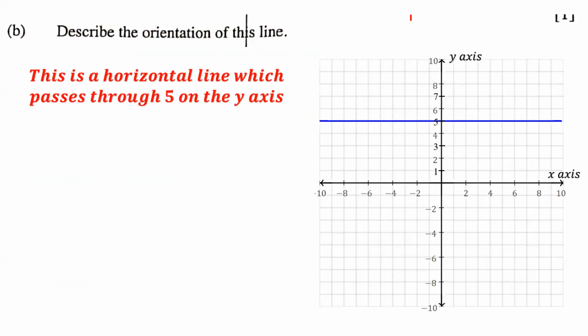So this is the orientation of the line. And this is the line right here, the line y equals 5, which has a slope of 0. And it has a slope of 0 because there's no incline. It's just going straight across.